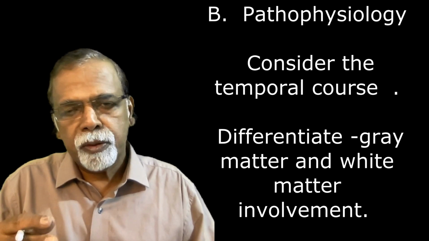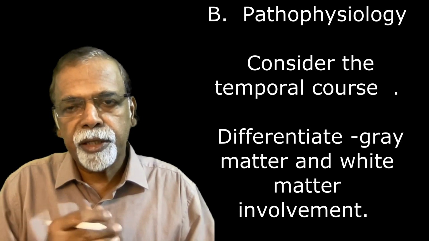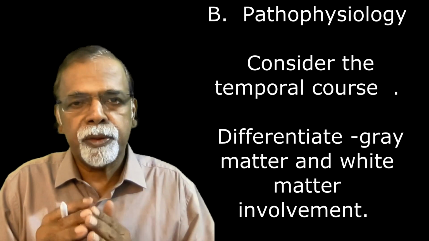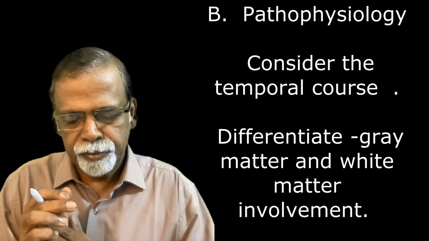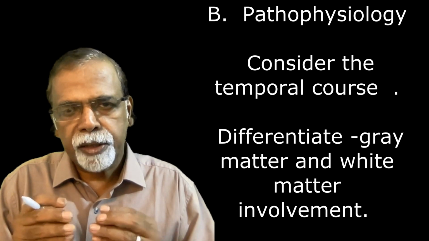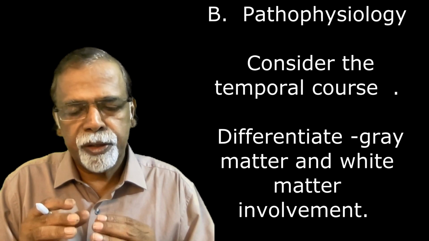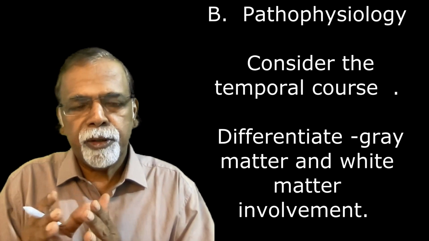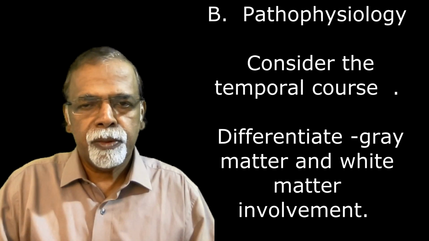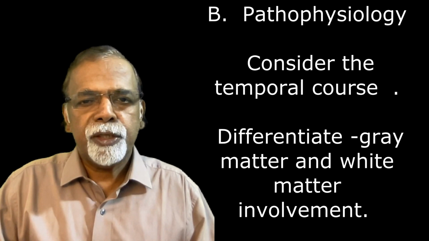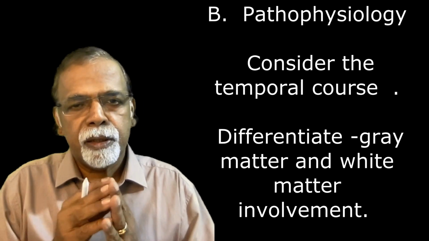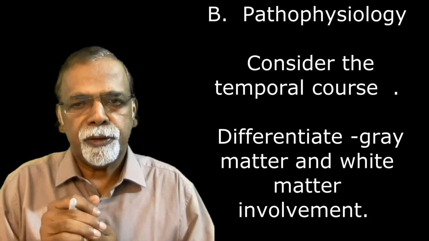If weakness is of several months or several years duration, unlikely to be a growth, it may be a degenerative pathology. So this is a simple example to differentiate the pathology. The same symptomatology can be due to different pathology. So this is identified by the temporal progression of the disease.